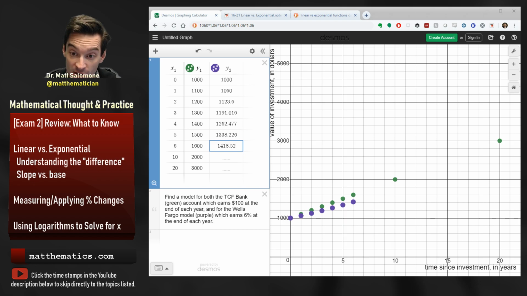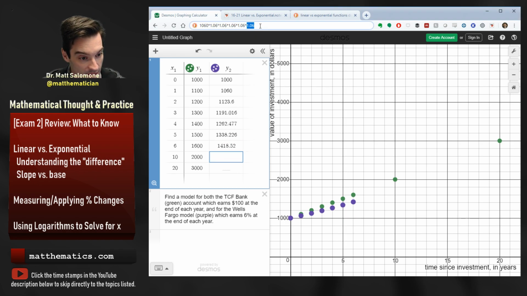So for those first 6 years, it's more advantageous for an investor to be earning $100 every year than to be earning that 6% at the end of every year, right? Just based on the data that's in this data table alone. The green curve looks like it's above the purple curve.